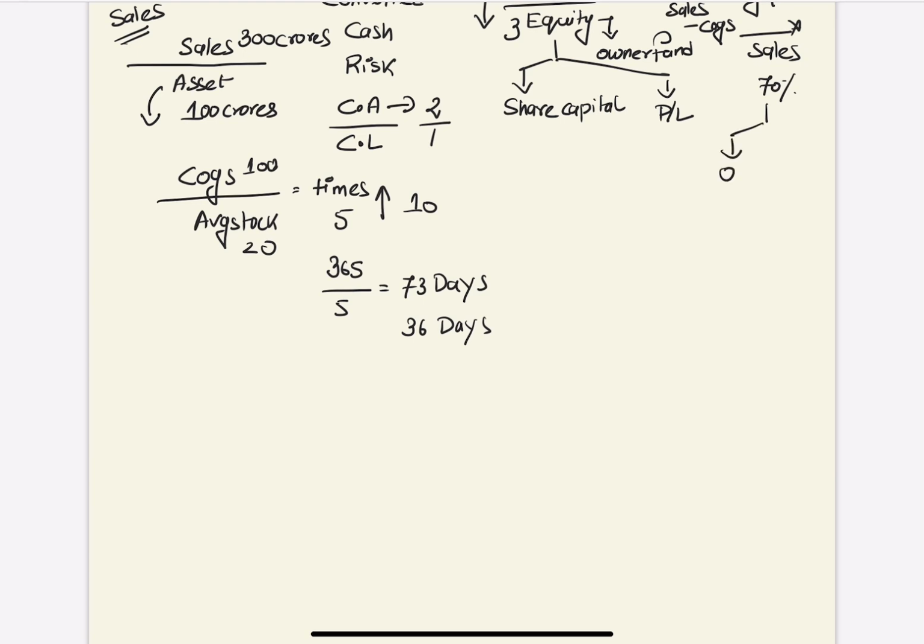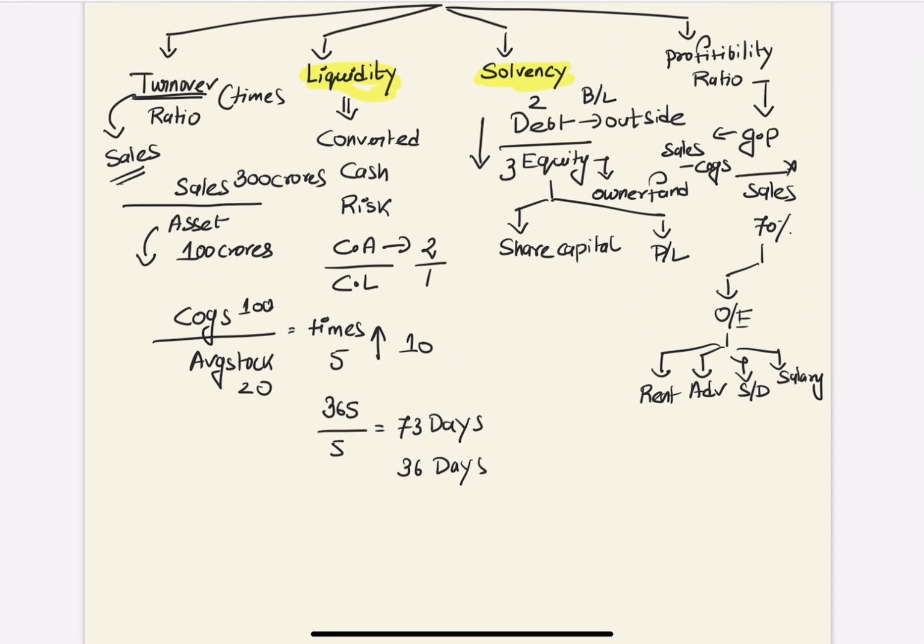For the remaining operating expenses, you have space to meet those expenses. Operating expenses are for advertisement, for selling and distribution, for your salary, for rent. So for all this you have enough space to pay these expenses.